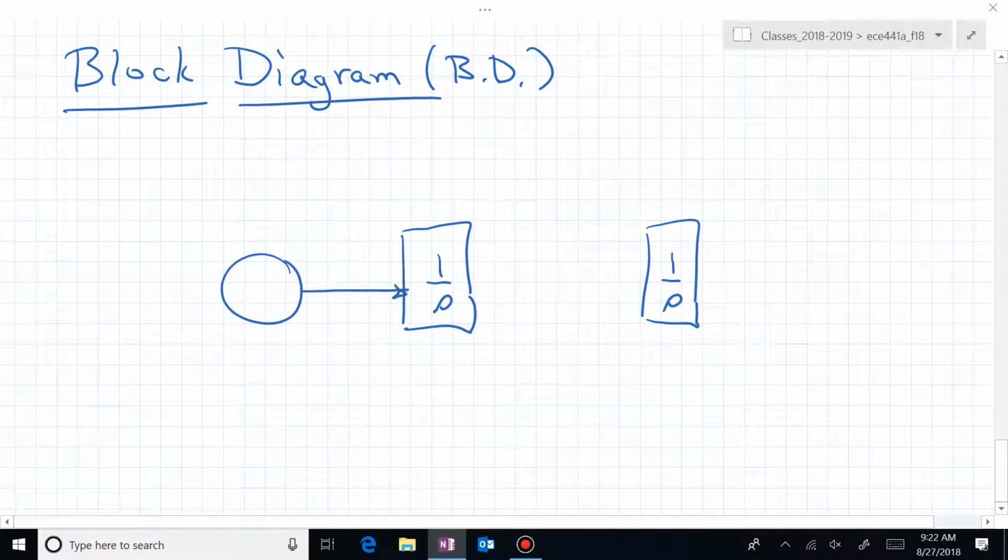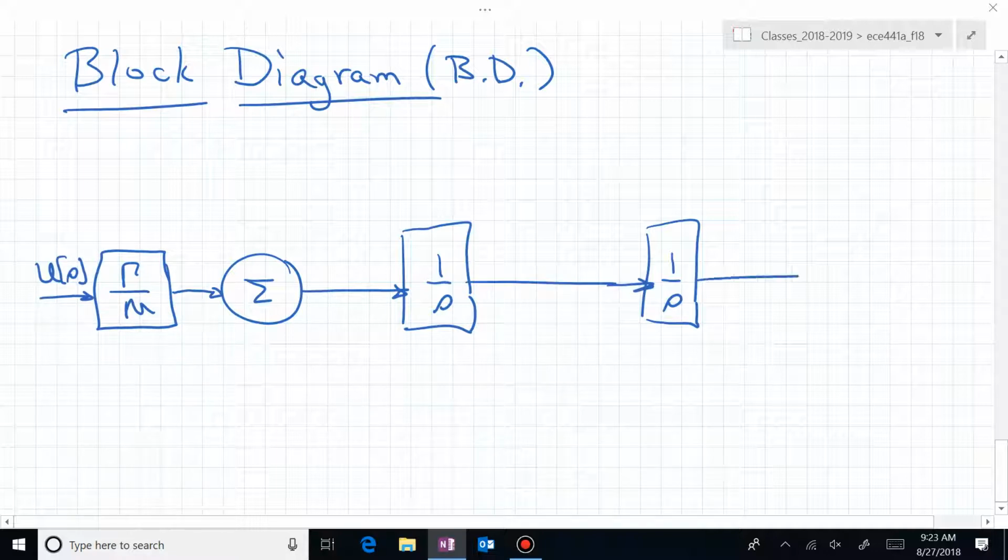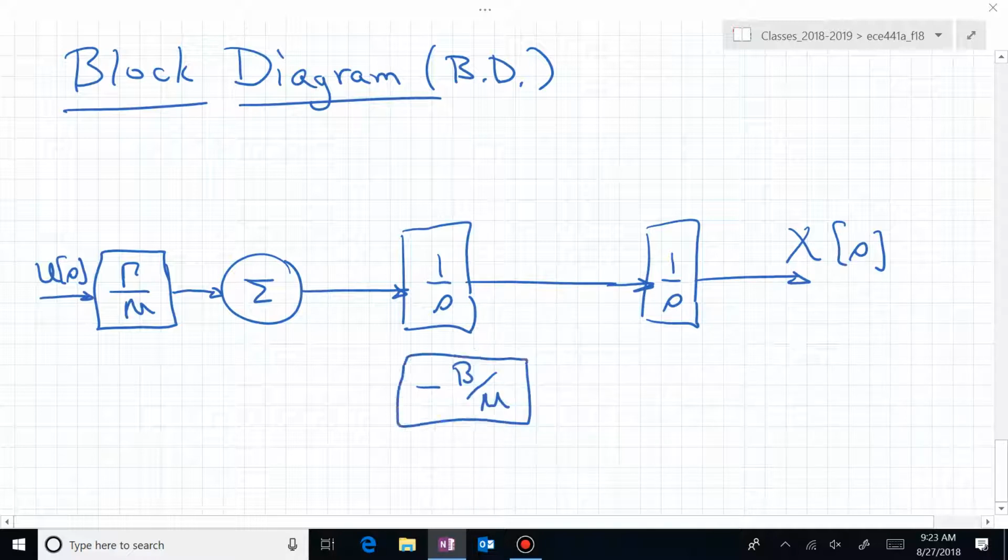And I believe if I just write this down, we had something like gamma over m scaling the input u, and that's now capital U of s. Here is our output x of s, and we had a minus b over m scaling, let's say, x sub 2 of s.